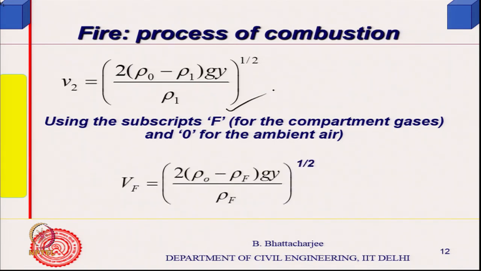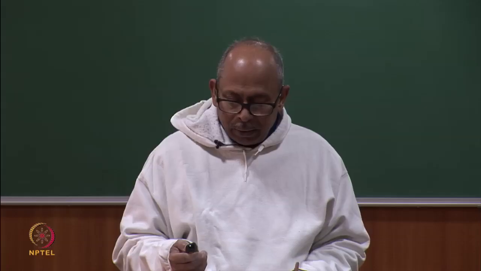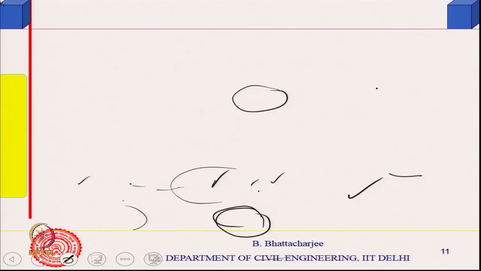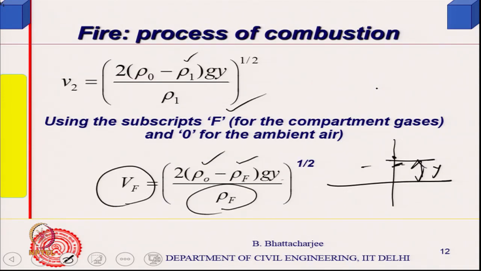So, this will be rho 0, rho f, because rho 1 is rho f, and this is also rho f, hot gases, and the velocity of hot gas is given by this G y to the power half at y distance above the neutral plane. So, the velocity of flue gases, f, at a distance y from the neutral plane is given by this formula.